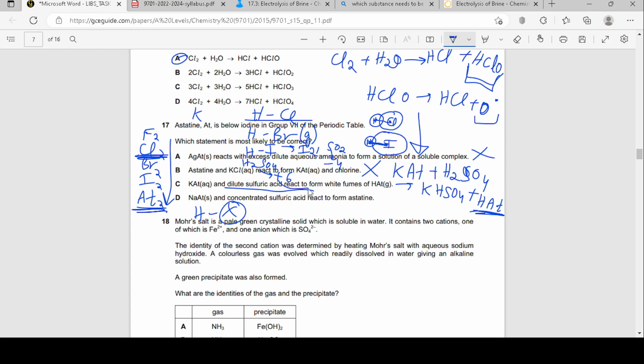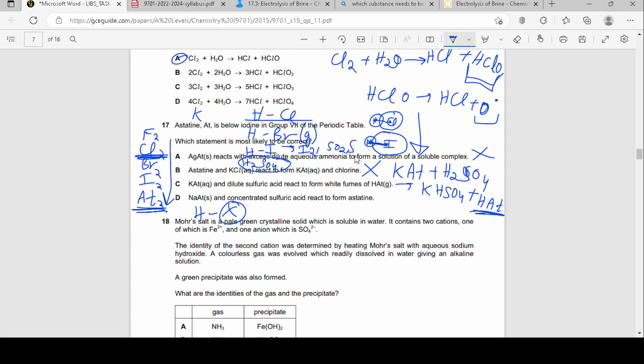So basically this is becoming reduced. H2SO4 is an oxidizing agent, so it oxidizes I in HI from -1 to 0 in I2. So with HBr and HI and all the other group 7 elements below chlorine, H2SO4 not only acts as a strong acid, it also acts as an oxidizing agent, to form redox products.